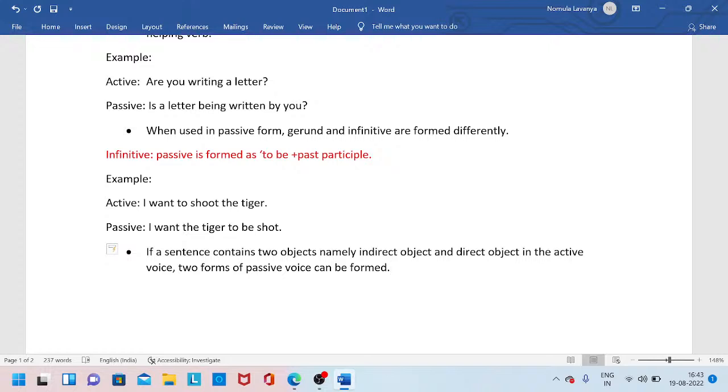So if you see in a sentence containing an indirect object and a direct object, in the active voice two forms of passive voice can be formed. Let me give you an example to know better.